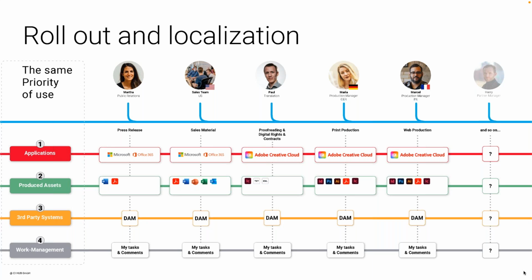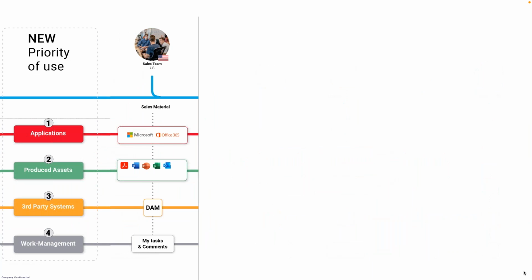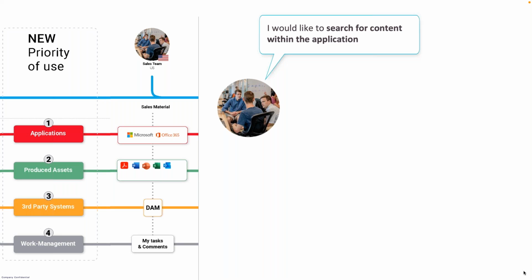But the thing is, at the end, let's talk about the sales team. The sales guys, they are using mostly the Microsoft Office stuff, PowerPoint, Word, Excel, and often applications like Microsoft Outlook. So what do they expect from the system? They say, okay, I would like to search for content within my application.